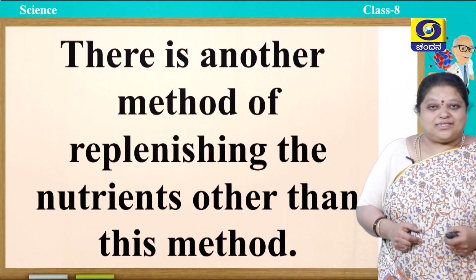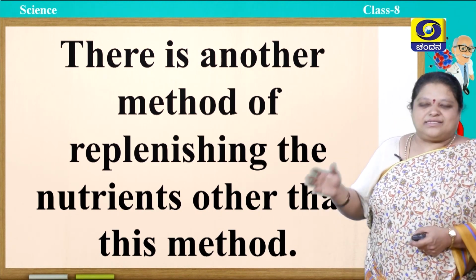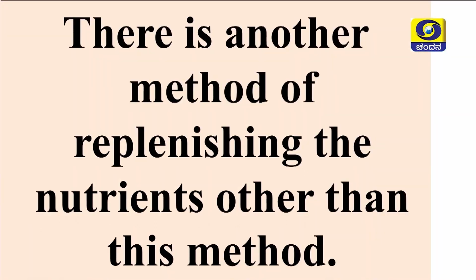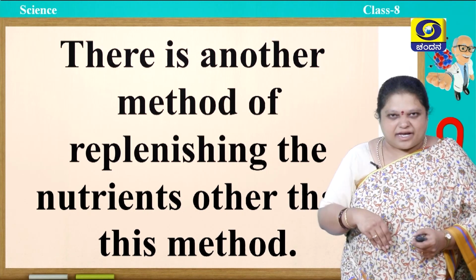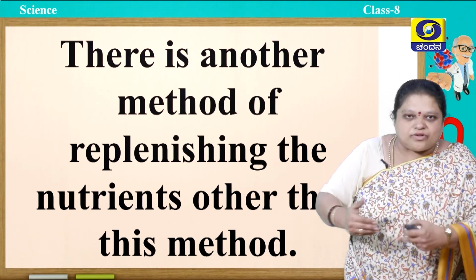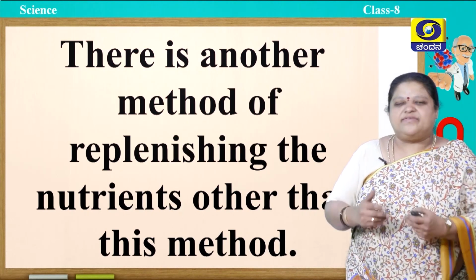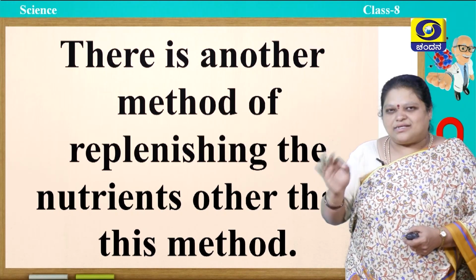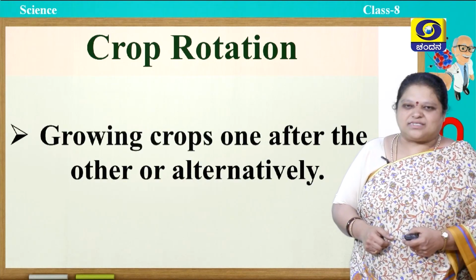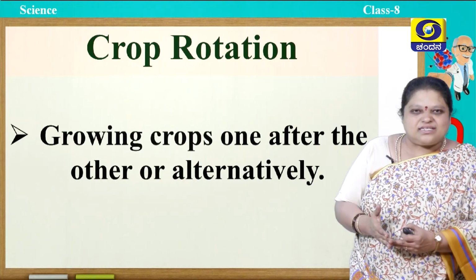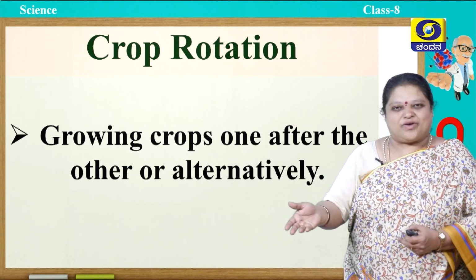Not only this, there is another method of replenishing the nutrients other than adding the fertilizers. You know that sometimes, once you take a crop, once you harvest, you have to leave the field for some time. When you are not able to leave it for some time, then there is another best method, that is crop rotation. In crop rotation, in one season we may grow a monocot plant, in the next season try to grow a dicot plant.